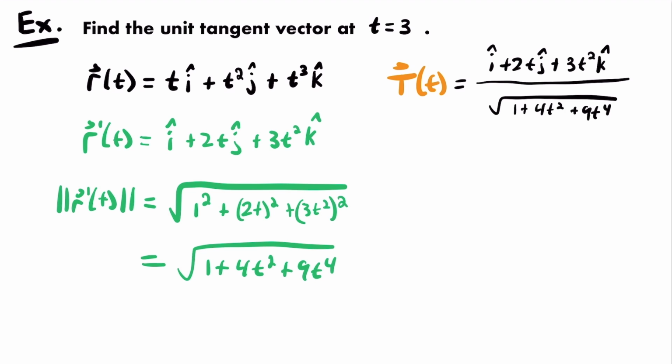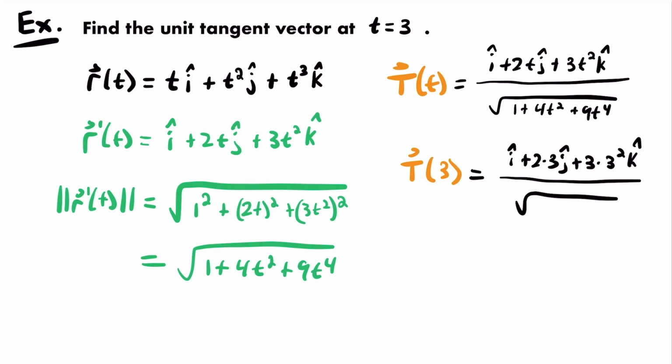And then let's plug in our specific value of t into this unit tangent vector. We'll have that capital T of 3 is equal to i plus 2 times 3 times j plus 3 times 3 squared times k divided by the square root of 1 plus 4 times 3 squared plus 9 times 3 to the power of 4.